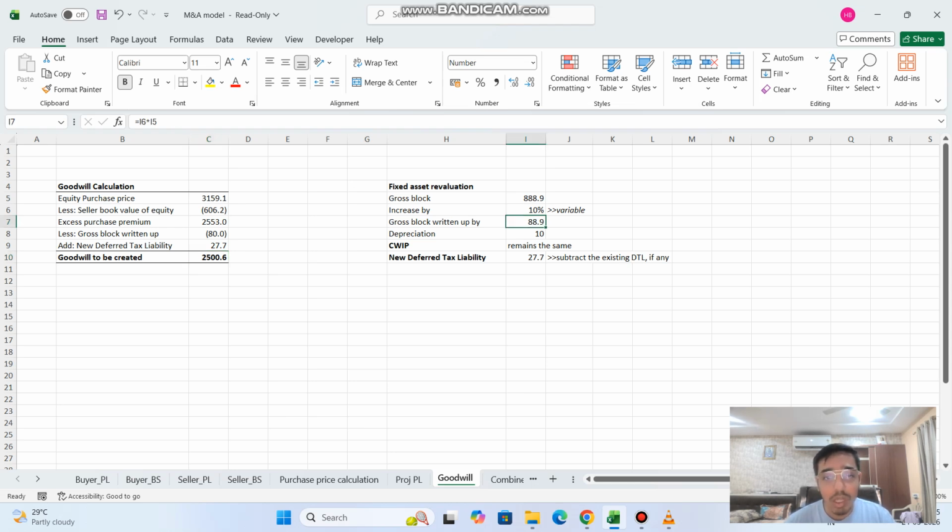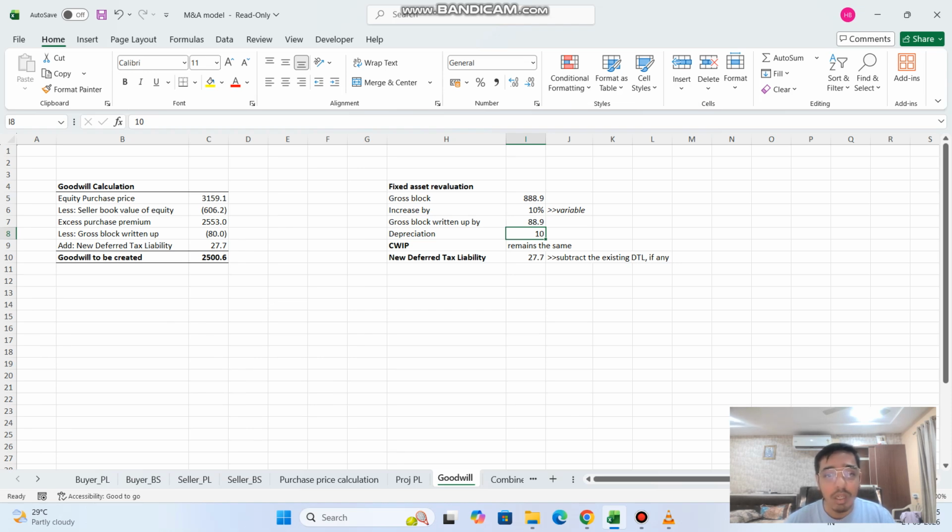Okay, so if you see over here, the gross block is 888.9, and we are assuming that it will increase by, let's say, 10%. So the gross block is written up by 88.9 in that case, and then you'll be charging some depreciation as well on the addition to gross block.